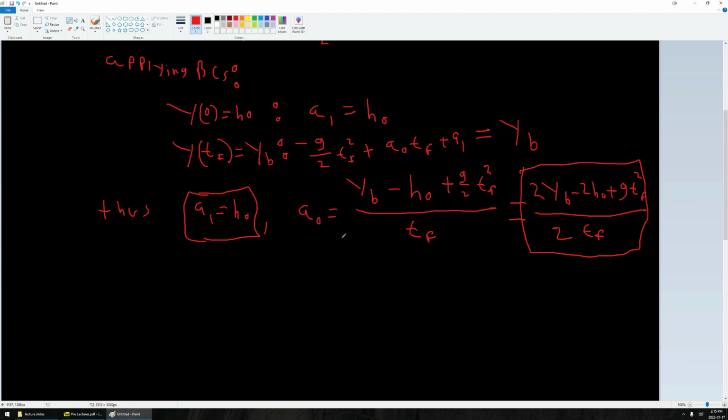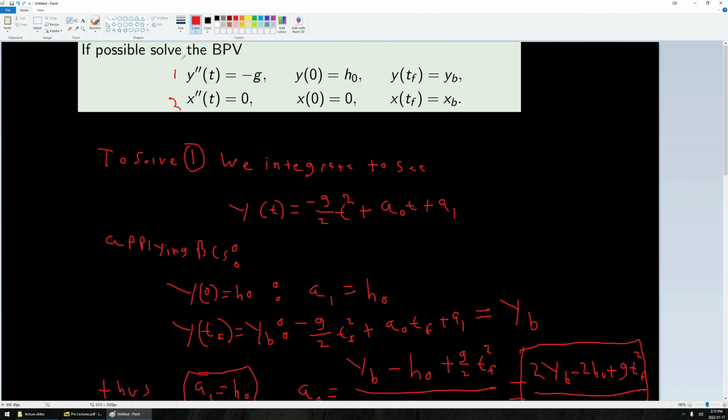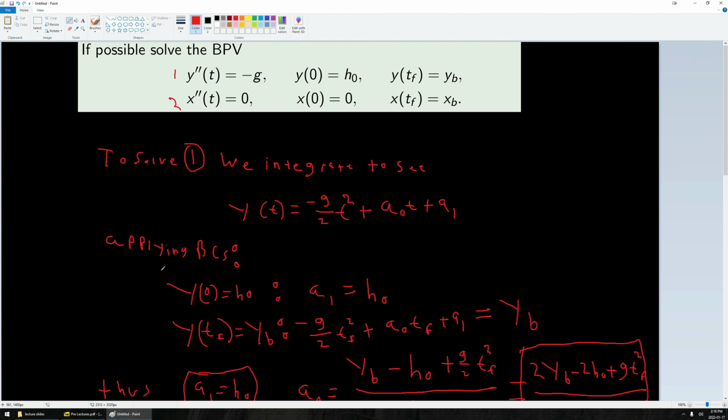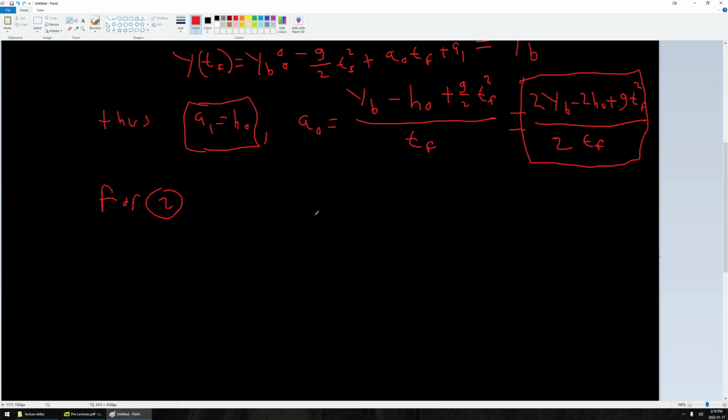So next up, I want to solve 2. I basically do the same thing. When I integrate this expression for x double prime, I'm simply going to get x is equal to b1 x plus b2. Now the boundary conditions, what would that give me?